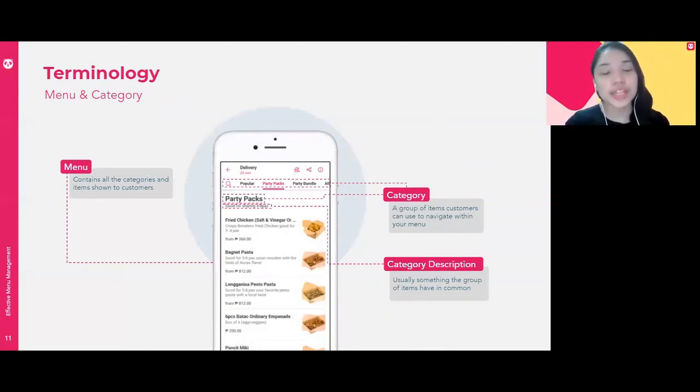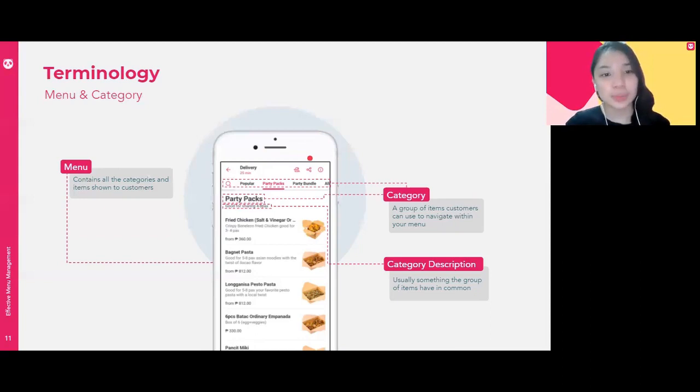So your menu contains all your items and the categories shown to your customers. So on top of that, we have the category. It could be popular, party packs, party bundle, siguro may a la carte and somewhere there, drinks. Those are the group of items your customers can use to navigate your menu.